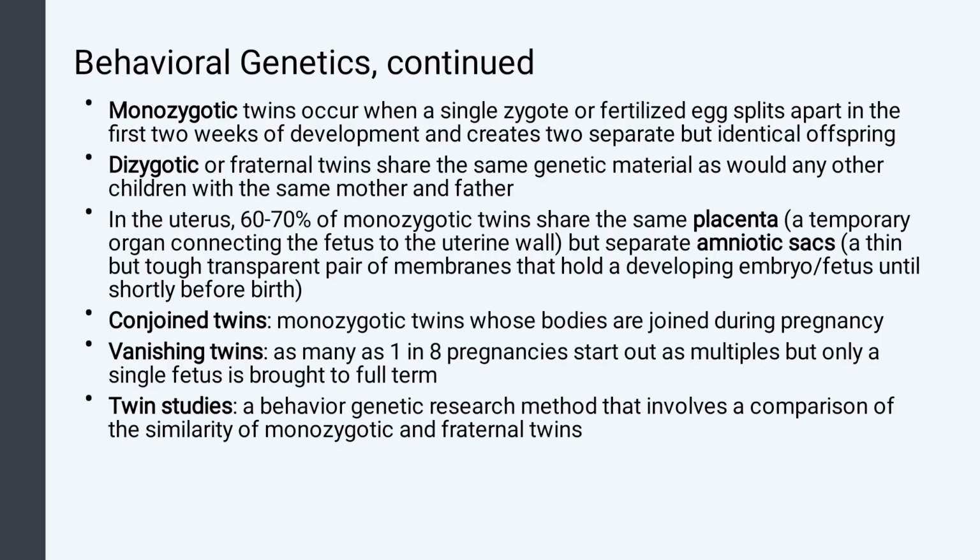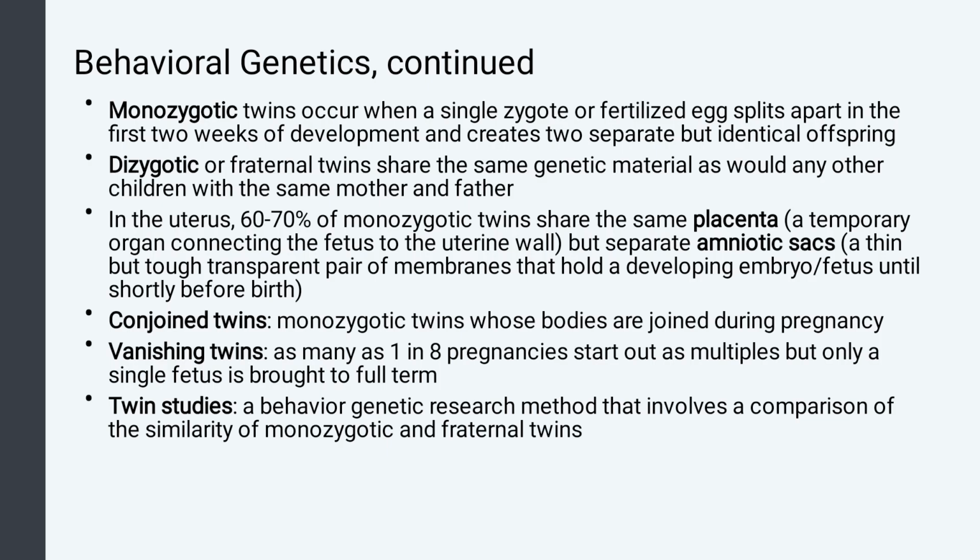Meaning to say, mono, just a single egg, but creates two separate identical offspring. However, in dizygotic twins, there are two eggs and then two sperm, fraternal twins that have been fertilized. In dizygotics we have two.